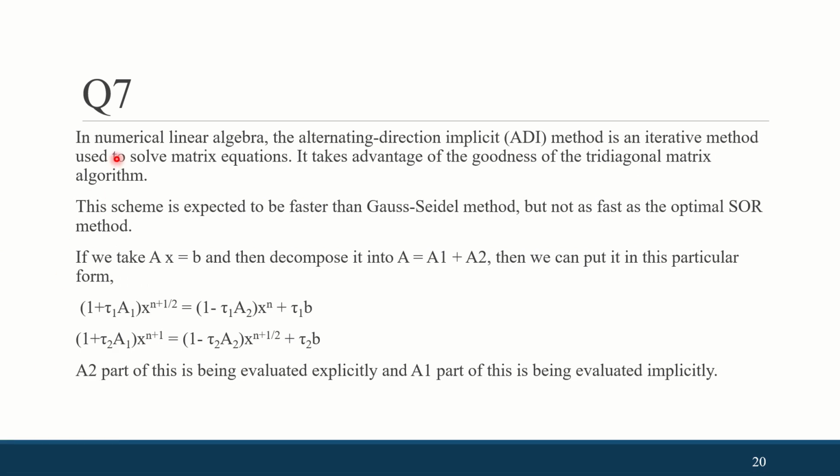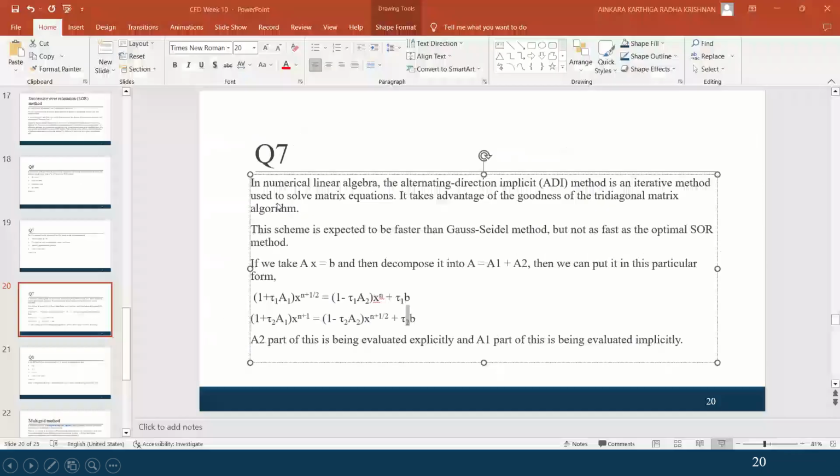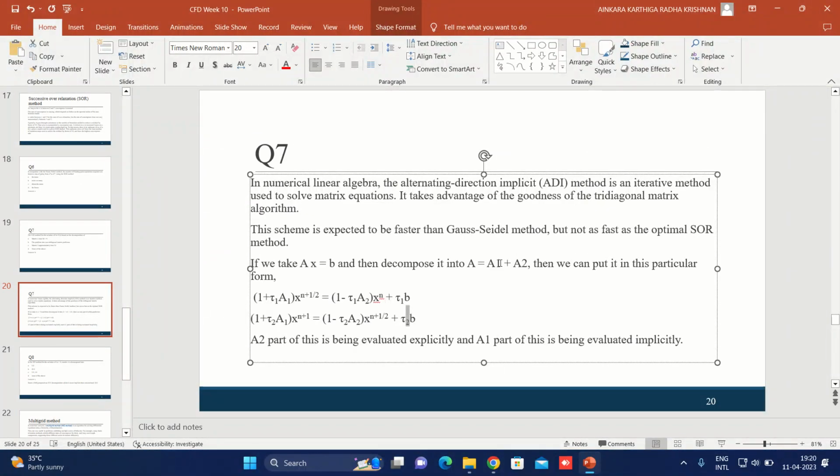So in the alternating direction implicit method, we are dividing it into A1 and A2, where A1 and A2 are two tridiagonal matrices.